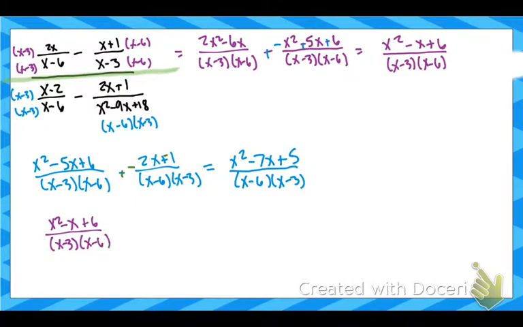And then this is going to be divided by what we got in blue, which was x squared minus 7x plus 5. Okay, so first thing I'm going to do is list my excluded values. All right, x is not equal to 6 and x is not equal to 3.